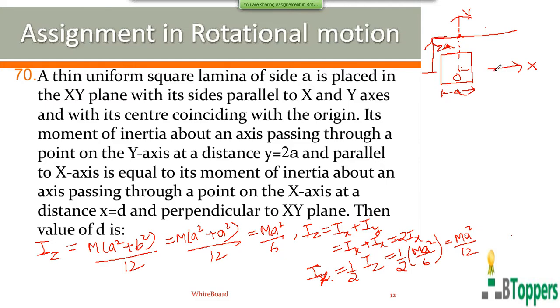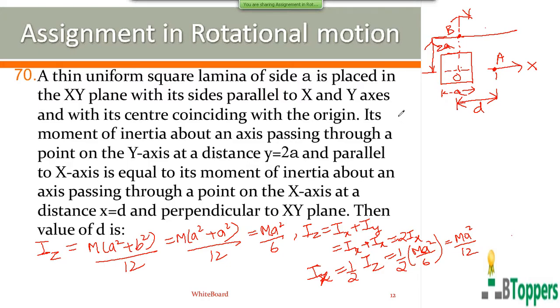Let A be the point on the x-axis which is at a distance d from the center of the square plate. Let B be the point on the y-axis, distance 2a from the center of the square plate.